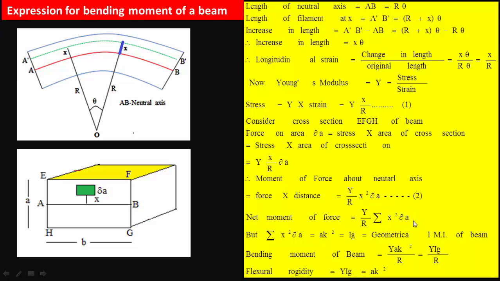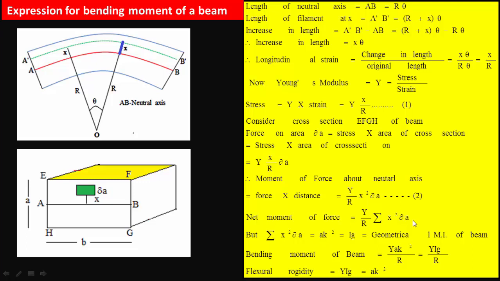This is similar to the moment of inertia of any body, which is equal to summation m i r i square. In the moment of inertia relation, we have the mass into square of the distance. But here we find that this is the product of the area of cross section and the distance of the filament. So this also represents the moment of inertia.